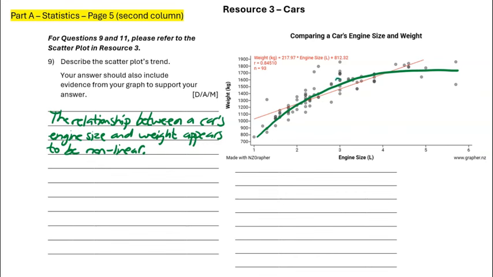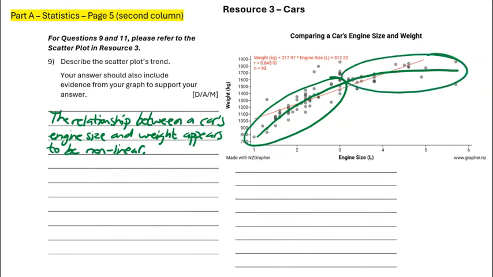And as I said, the logic is from here to here, that rate of change is quite steep. And then from here to here, that rate of change is quite shallow. It's kind of leveled off. So let's read the next part of the question. So your answer should include evidence from the graph. So again, it's not asking you for your contextual understanding here. It's just asking you for evidence from the graph. So I'm going to use this rate of change that I've mentioned here, that I've circled on the graph as part of my evidence.